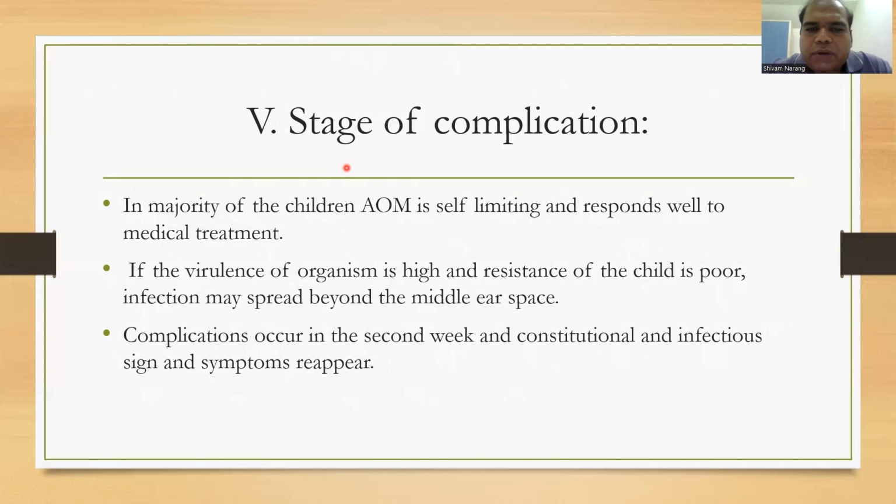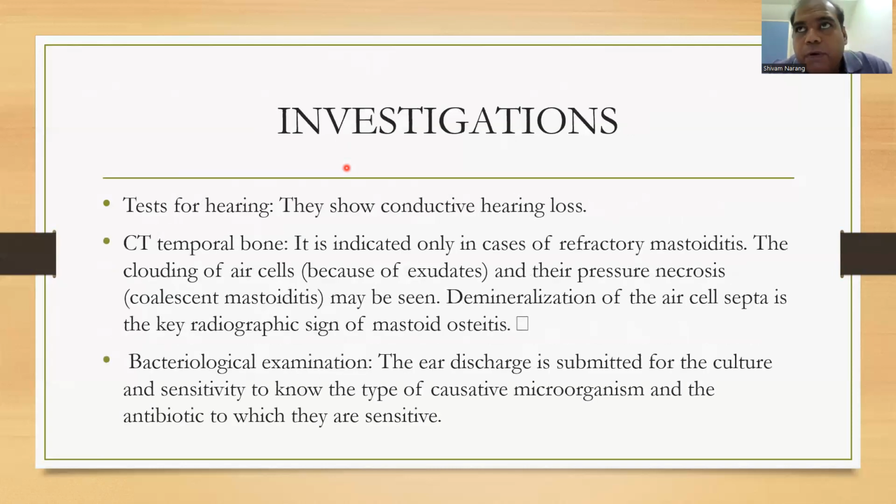The complication usually occurs in the second and third week. Signs and symptoms may reappear. So if proper treatment is not given, and the patient is immunocompromised or has a highly virulent organism, the patient can go into the stage of complication.